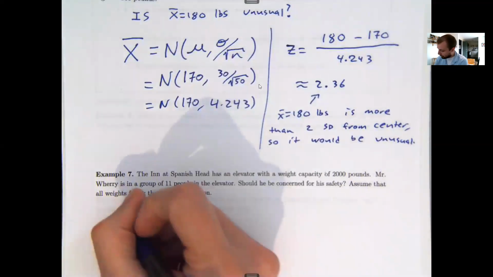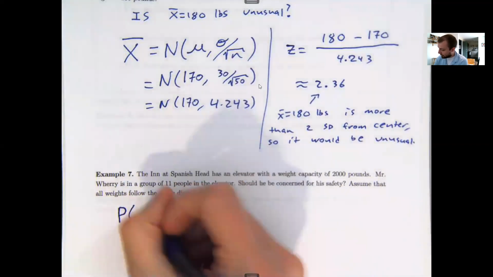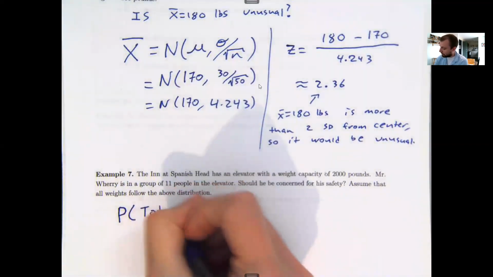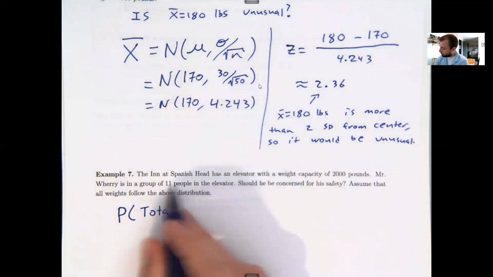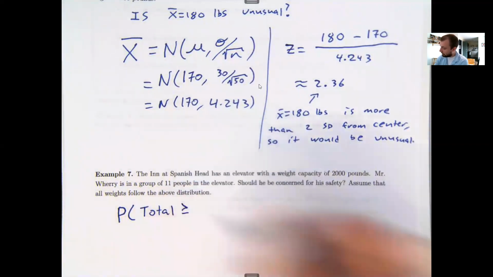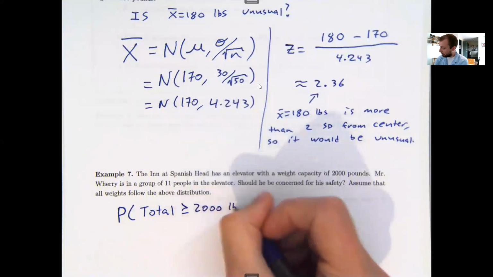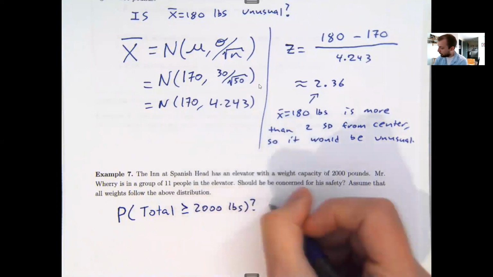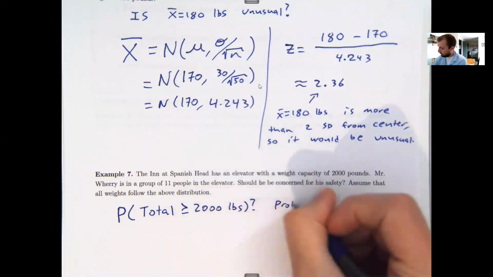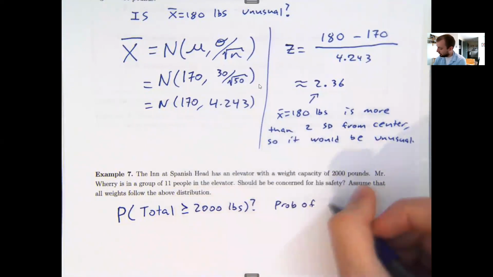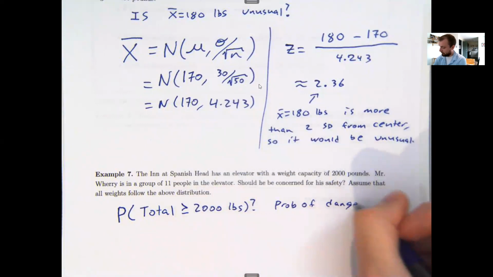So my question: what is the likelihood that the total weight for these 11 people is equal or greater to 2,000 pounds? This is ultimately the probability of being over the capacity. So this is the probability of danger in this situation.